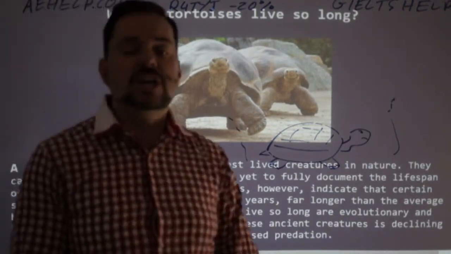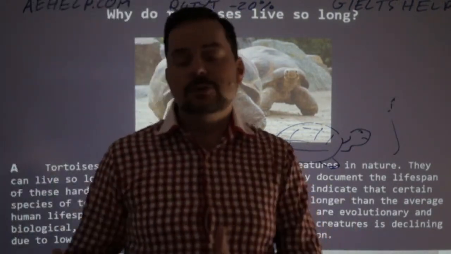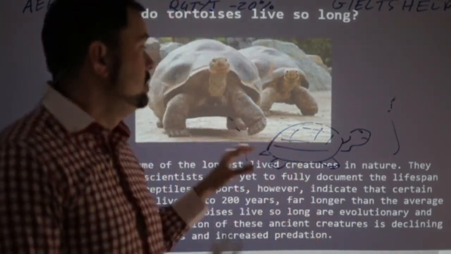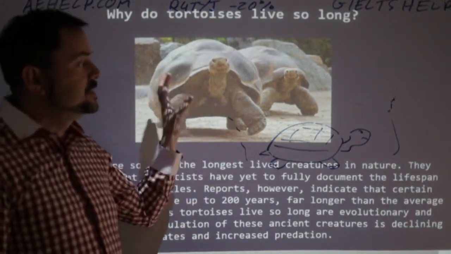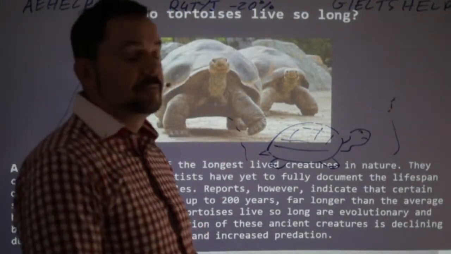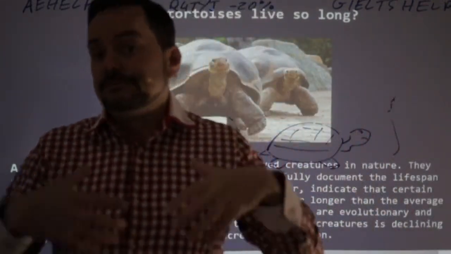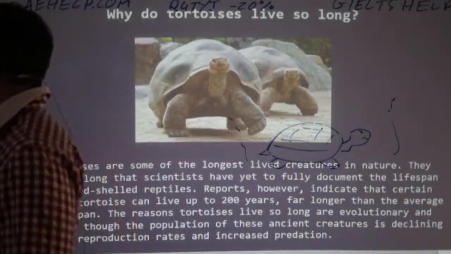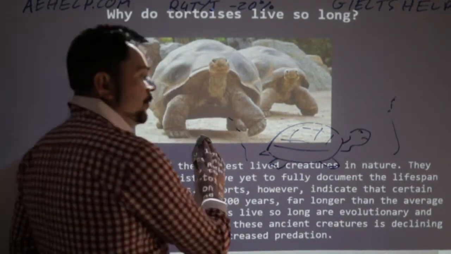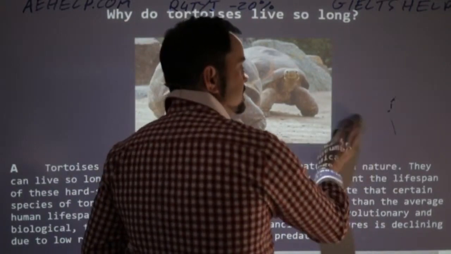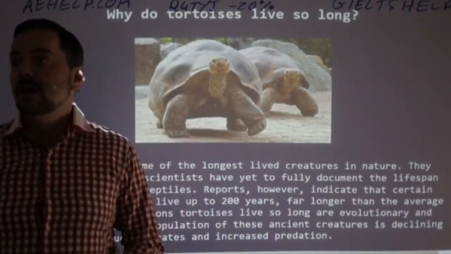What are your suggestions, members? When you see this topic in the reading, why do tortoises live so long, and you see the picture and you think critically and you remember the steps to visualizing the information, what would be one way that you could set your brain up in order to recall this information and to make it personal, to make it interesting?